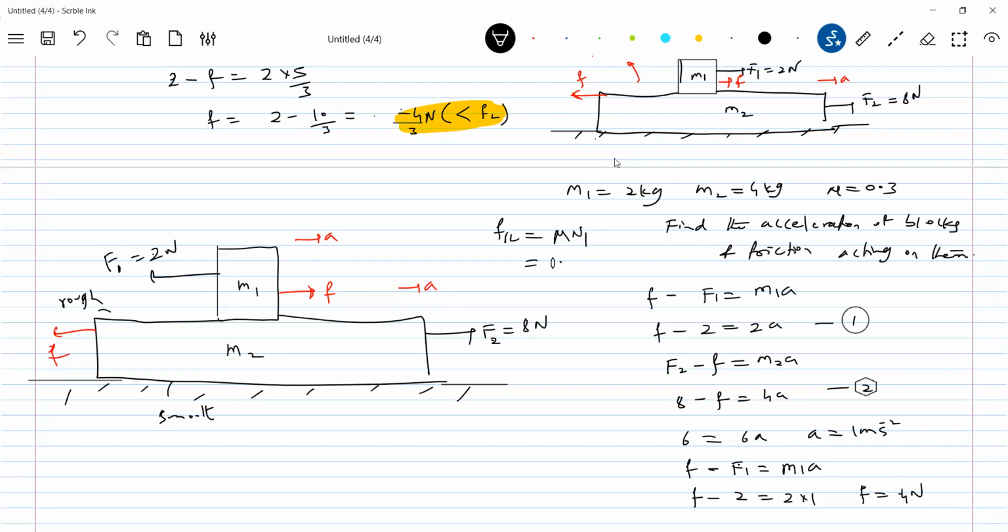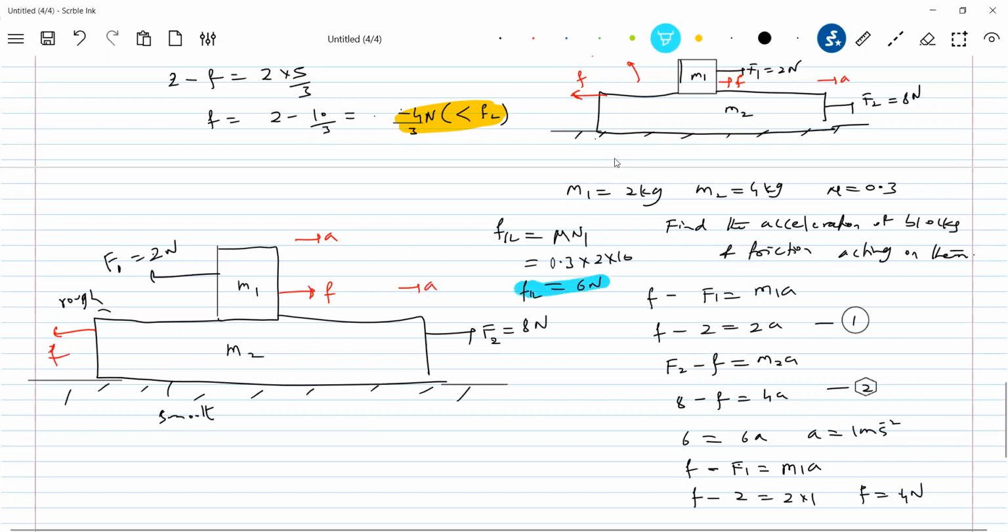I just changed the value. 2 into 10, 6 Newton. All of you just notice the value of mu, I changed it. So look at the friction force acting. It is less than FL.